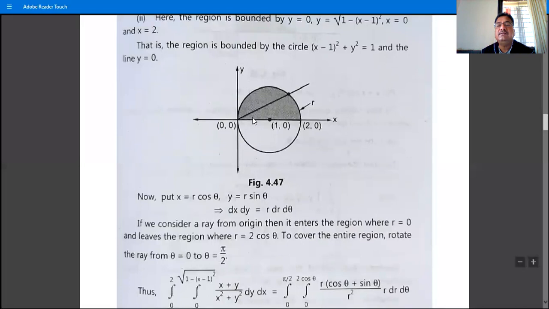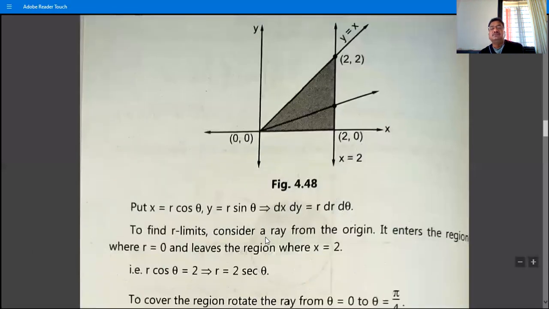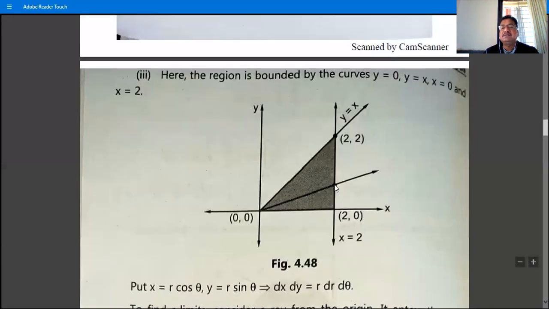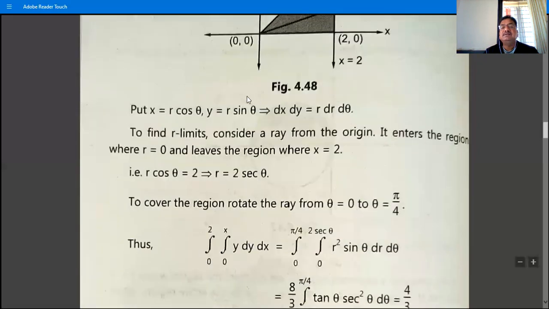If you take the ray at this place, then x is 2, that is r cos theta is 2. Similarly here, at this place x is 2, but x is r cos theta. So r cos theta is 2, therefore r is 2 sec theta.